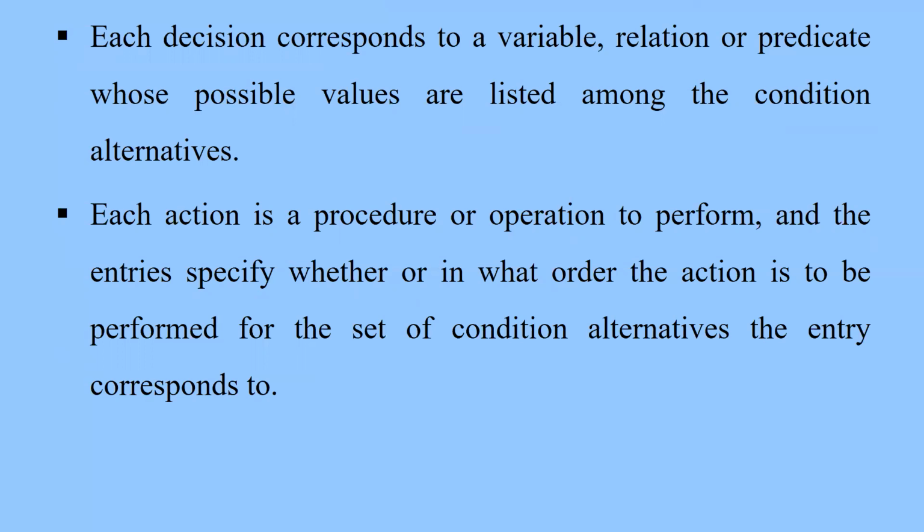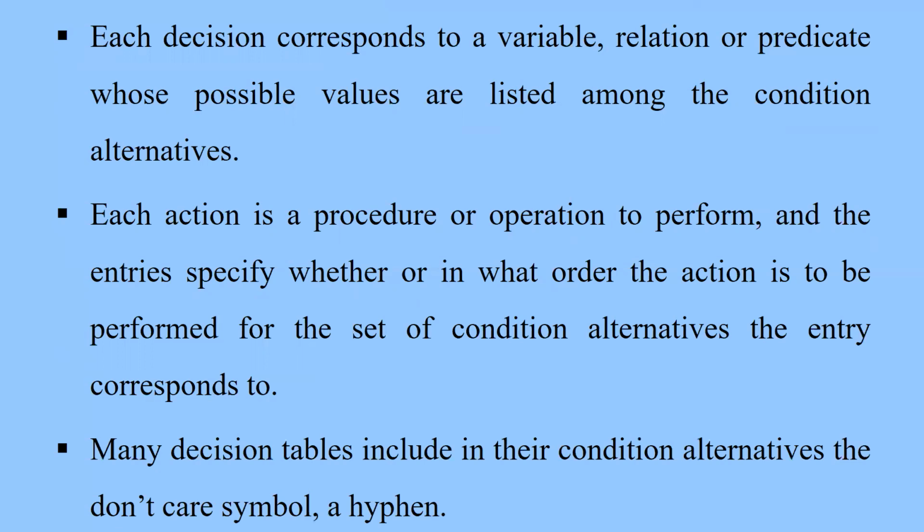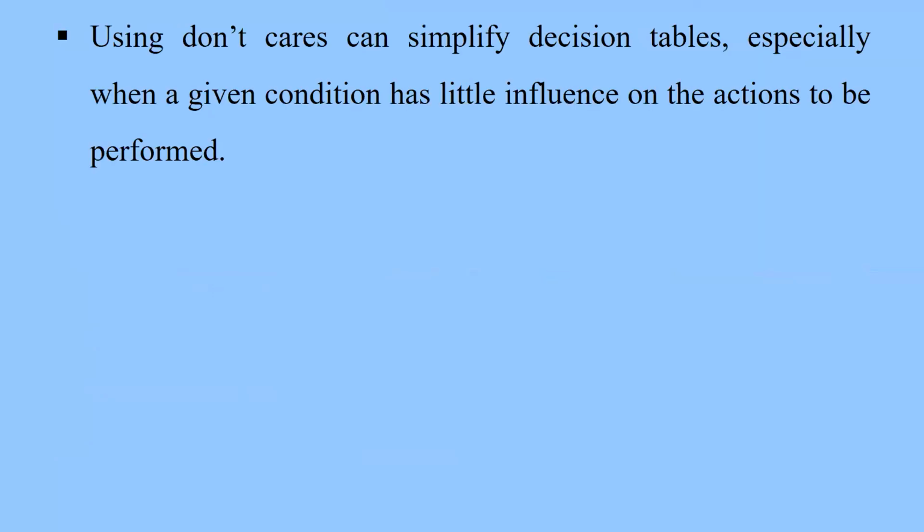Each action is a procedure or operation to perform, and the entries specify the order in which each action is to be performed for the set of condition alternatives that the entry corresponds to. Many decision tables include in their condition alternatives the don't care symbol, or hyphen. Using don't cares can simplify decision tables, especially when a given condition has little influence on the actions performed.